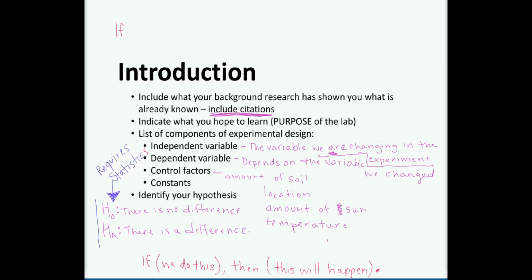If we change the amount of water available to the seed, then the growth rate will be affected.